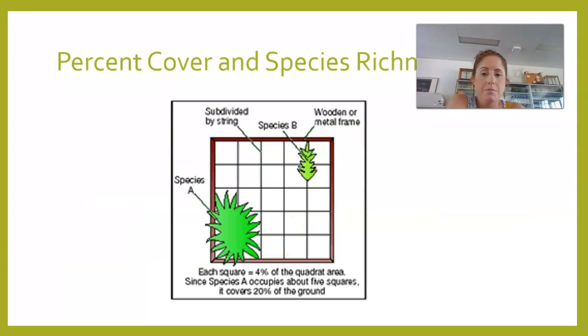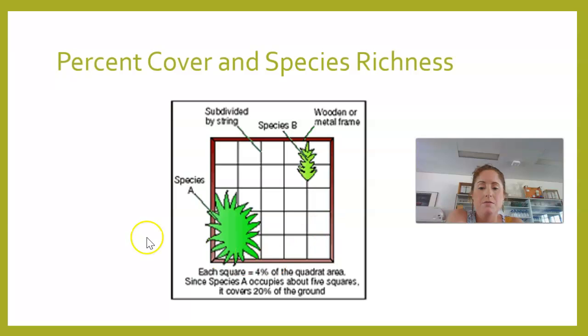So here's an example of percent cover and species richness. When we look here, we have 2 different plants and they're labeled species A and species B. So our species richness here is 2. We have species A and species B. For our percent coverage, we're using a quadrat, and it says each square is 4% of the quadrat.